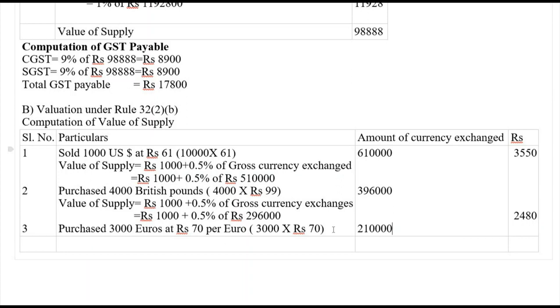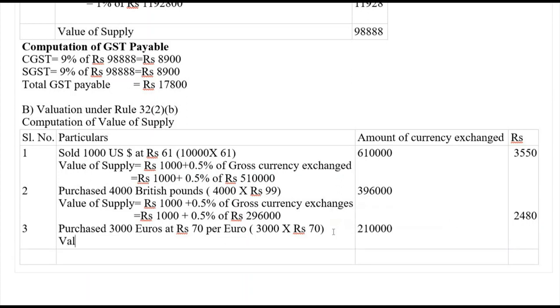So now we need to find out the value of this. Value of supply equals rupees 1,000 plus 0.5% of gross currency exchanged.